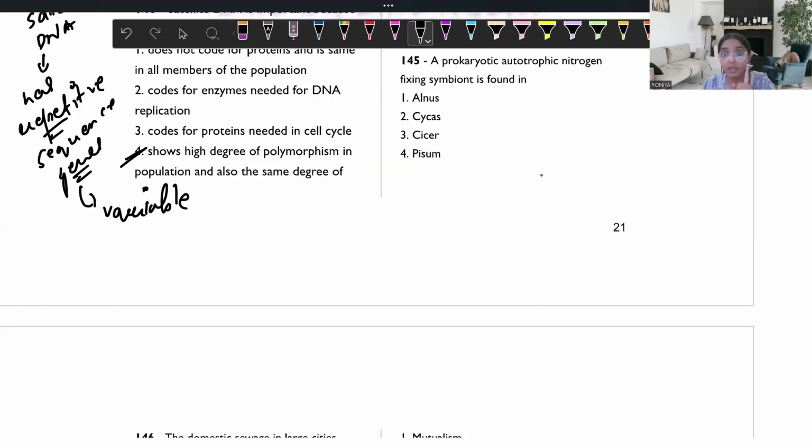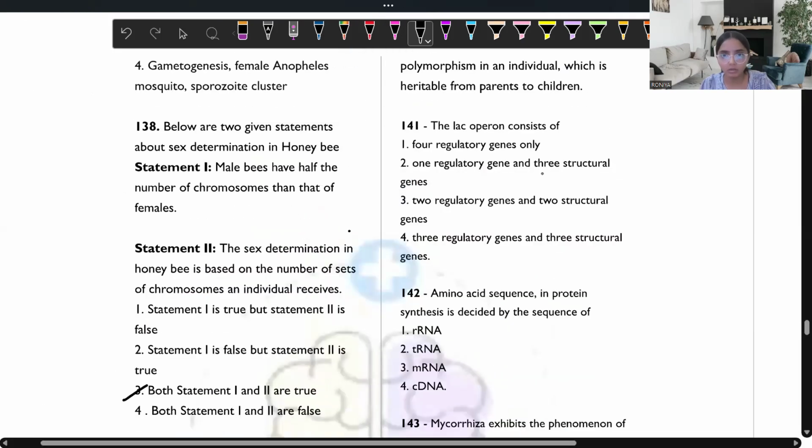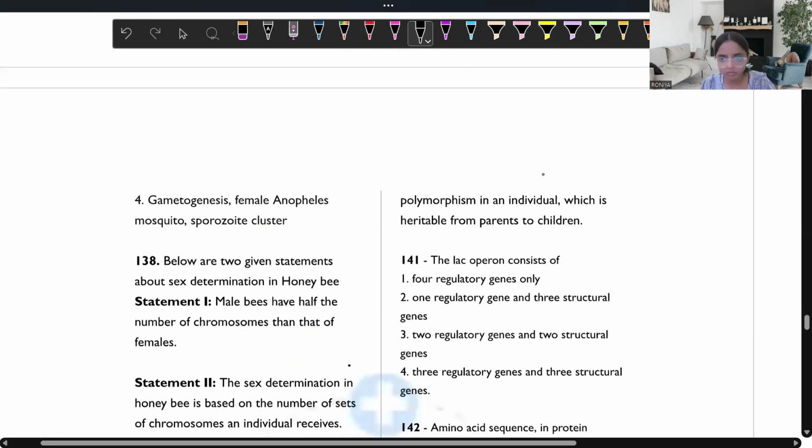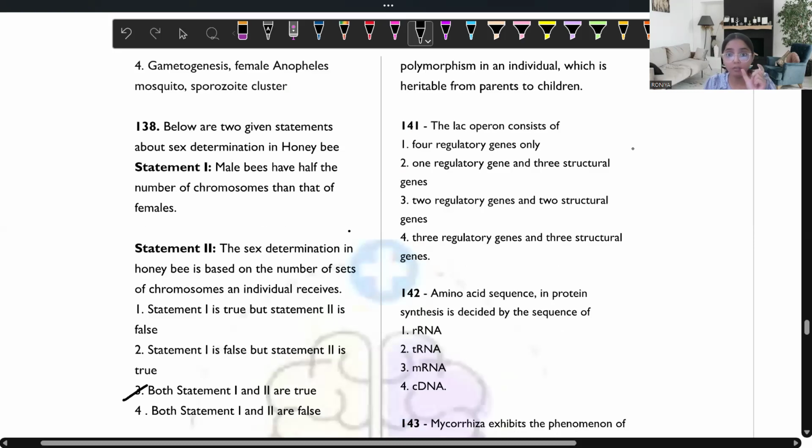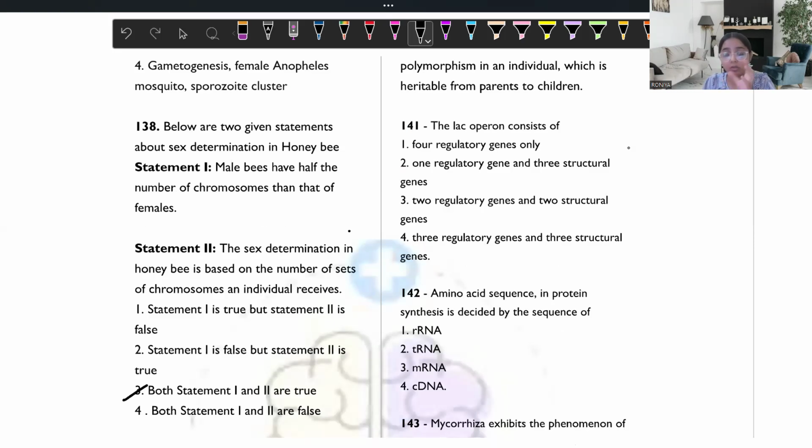Satellite DNA shows a high degree of polymorphism in population, and also the same degree of polymorphism in organisms. Okay, understood. And this polymorphism, that is the number of repeats, how many times the satellite DNA will get repeated, will be transferred from parent to children.